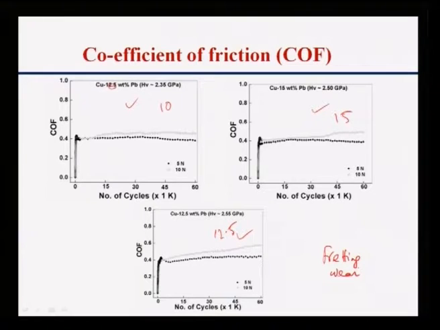This is again a steel ball, this wear test has been done. So the fretting ball is steel. As we know, the coefficient of friction of copper against steel is actually 0.78, 0.8, almost close to that. So therefore, we are able to reduce the coefficient of friction extensively. That is the biggest advantage of applying lead.